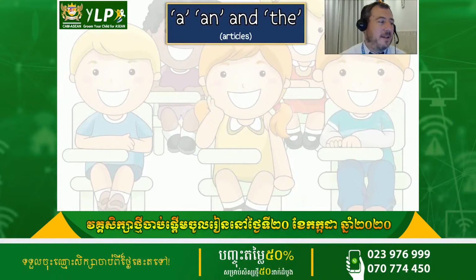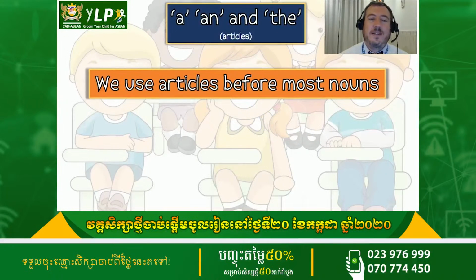A, an, and the. These types of words, there's only three of them, a, an, and the, and we call them articles. Now, try not to get too confused. Sometimes when you learn English, some teachers tell you that this is called the past participle, and this is called the present perfect, and it can be a little bit confusing.